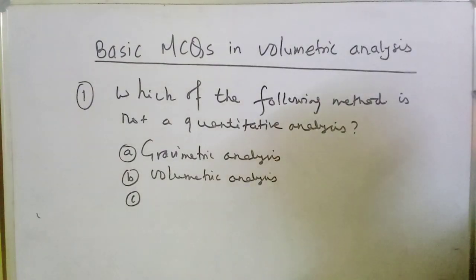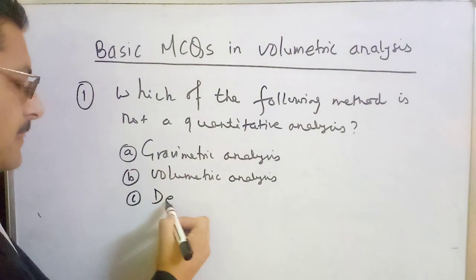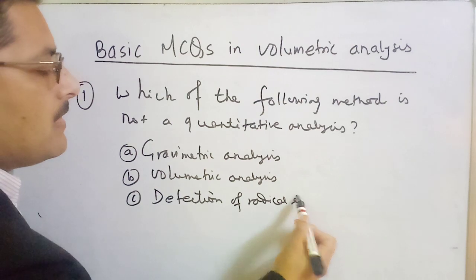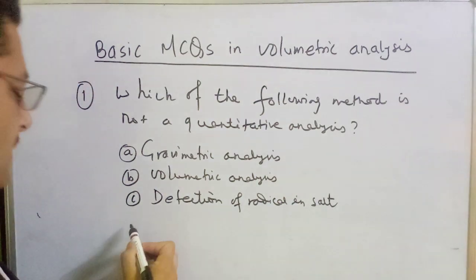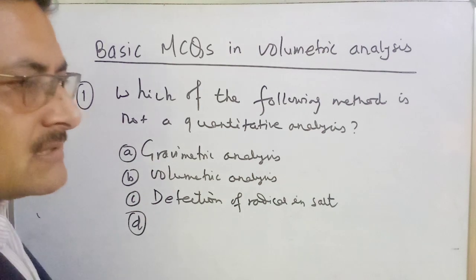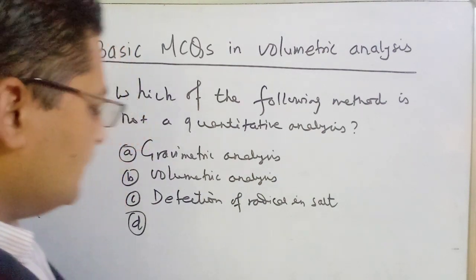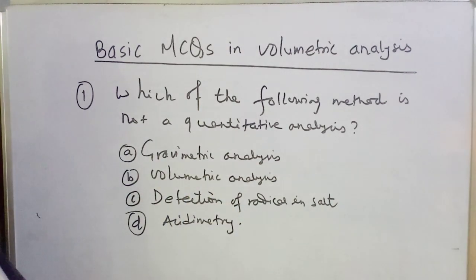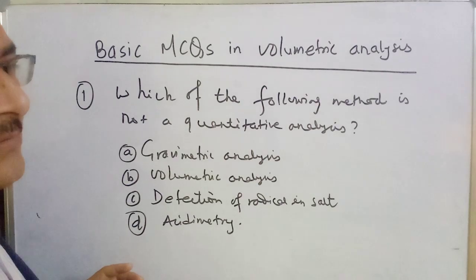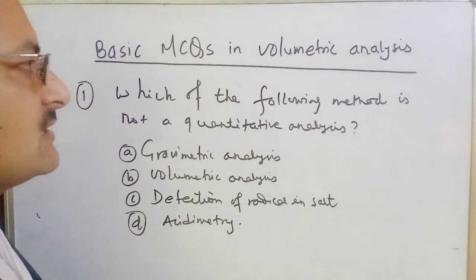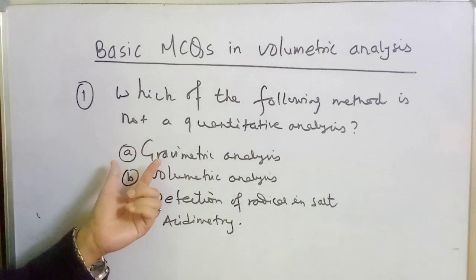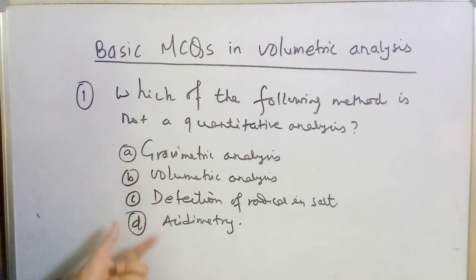Option D is acidimetry. This is the very first objective question, a multiple choice question. Which of the following methods is not a quantitative analysis? Here we have gravimetric analysis, volumetric analysis, detection of radical in salt, and acidimetry.